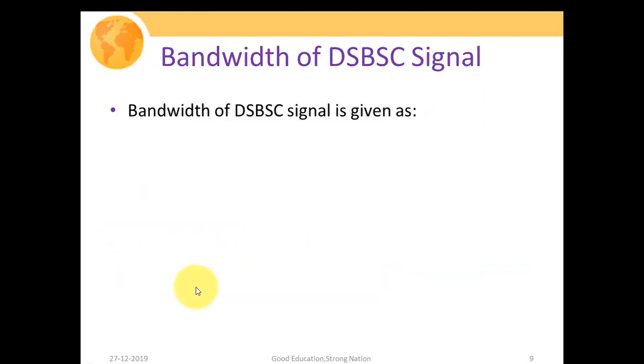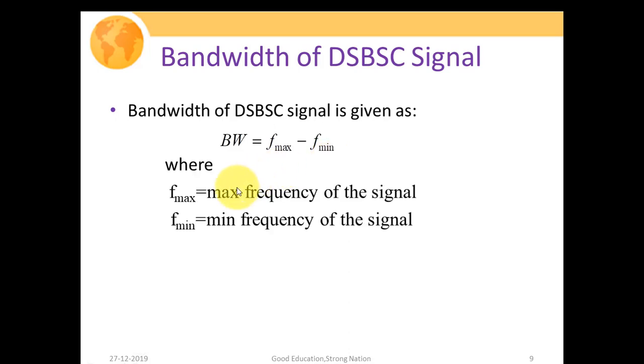Now, the bandwidth of double sideband suppressed carrier signals. We know that the bandwidth of any signal is given as the maximum frequency component minus the minimum frequency component. Basically, bandwidth means the range in which a particular signal lies. Here fmax is the maximum frequency component of the signal and fmin is the minimum frequency component.